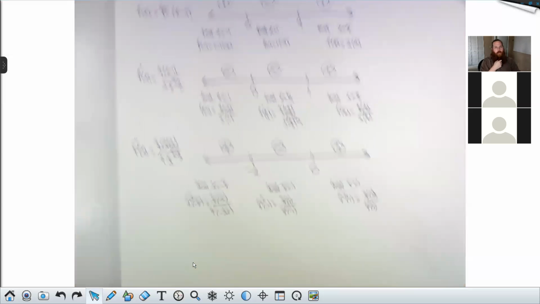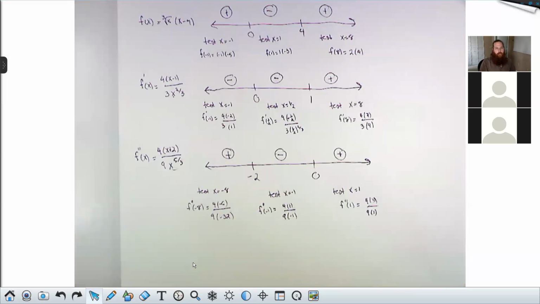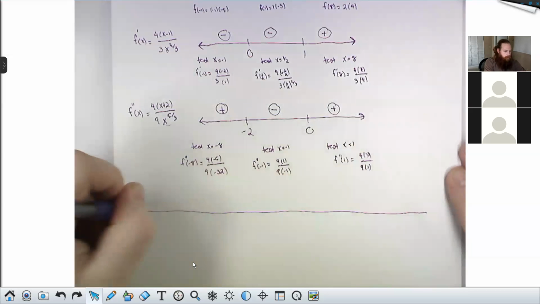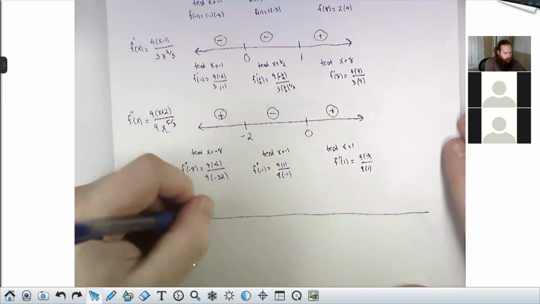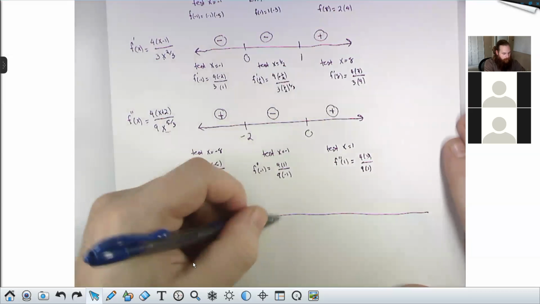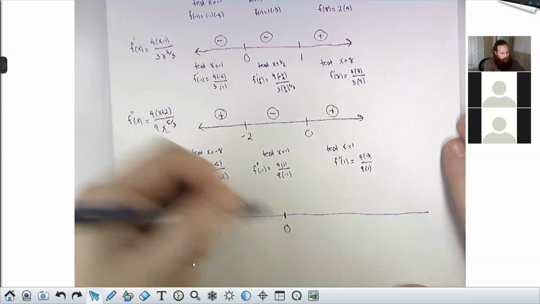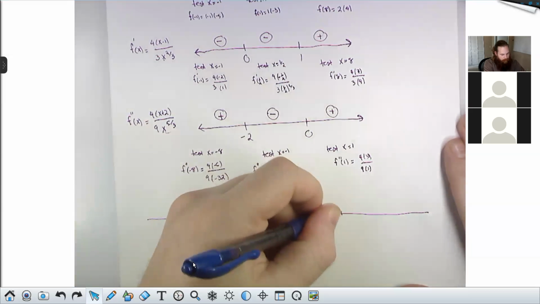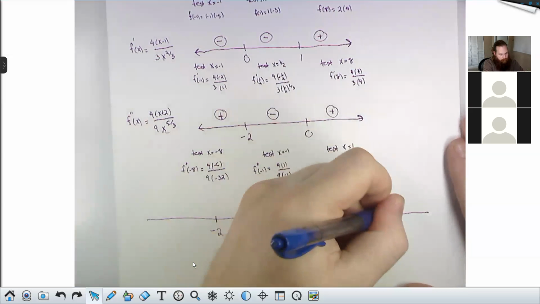So these are my 3 number lines for f, f prime, and f double prime. In summary, I'll have negative 2 over here, then 0, then 1, and then 4.